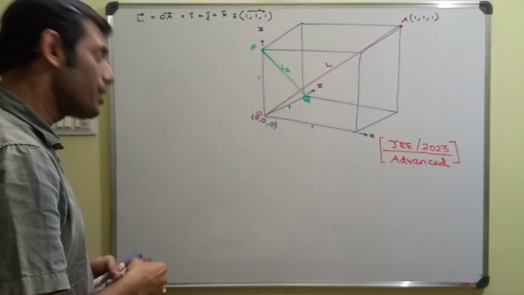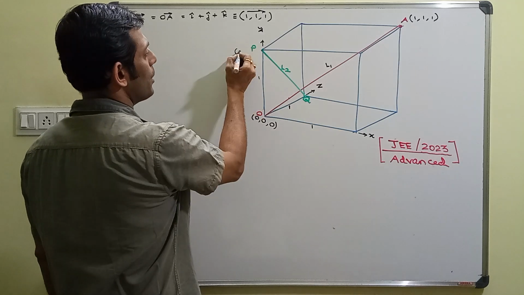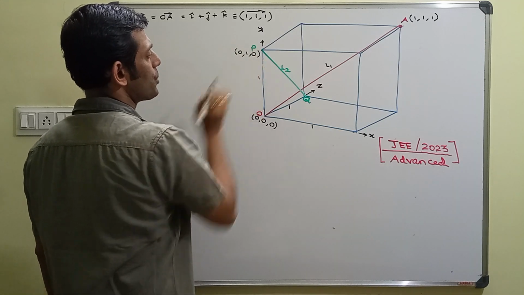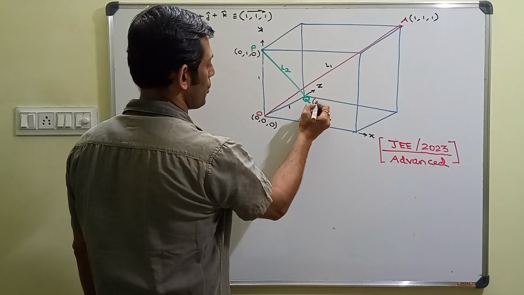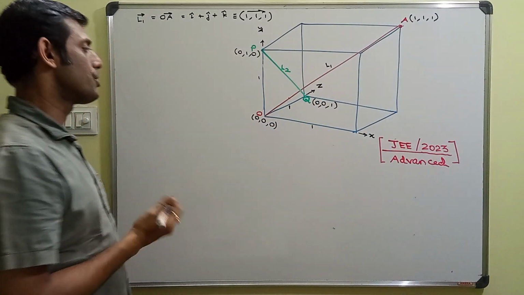Now where is P and where is Q? So this is on the y-axis. The coordinates can be x value 0, y value 1, z value 0. And this is on the z-axis. So your x value is 0, your y value is 0, and z value is 1. Very simple.